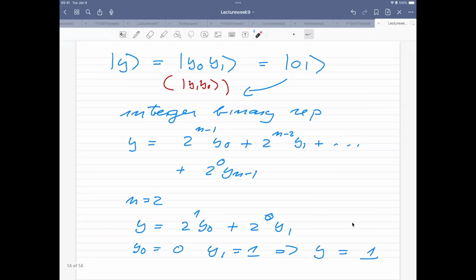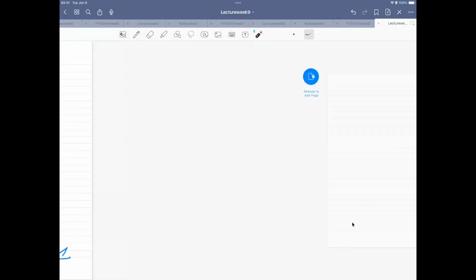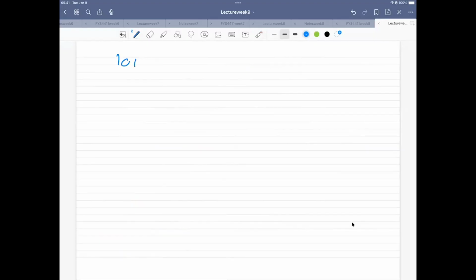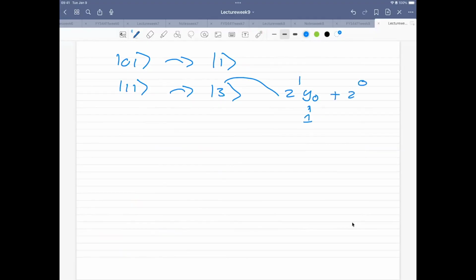So for that specific state here, when y0 is equal to 0 and y1 is equal to 1, then y becomes equal to 1. So that means that this 0, 1 maps over to state 1. And it's pretty straightforward to see that 1, 1 maps over to 3, where this 3 is simply 2 to the power of 1 times y0, which is equal to 1, plus 2 to the power of 0 times y1, which is equal to 1. And obviously this becomes equal to 3.